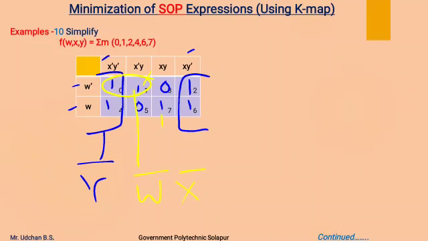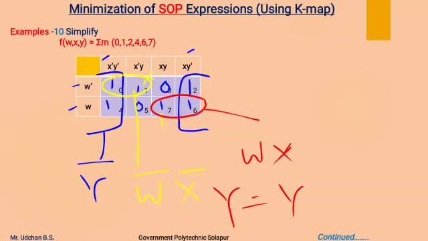After this one is not involved anywhere, so we can form another pair like this. The equation will be wx. So the end equation will be y bar plus w bar x bar plus wx. So this is how we can simplify the given SOP expression using K-map.